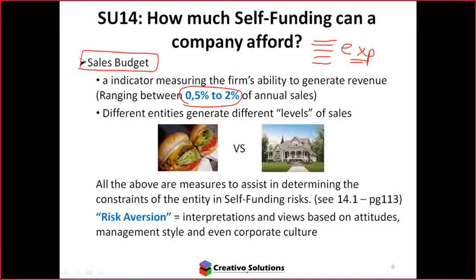So risk aversion, interpretations and views are based on the attitudes, the management style, and even the corporate culture. Do you agree some companies are just by nature very conservative and other companies are very aggressive? Startup companies are more risk takers, while more established businesses are more conservative.